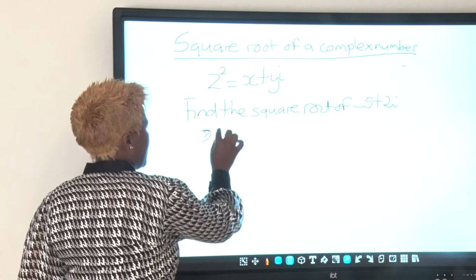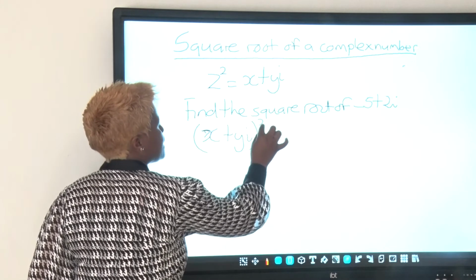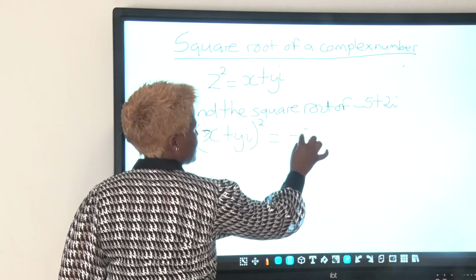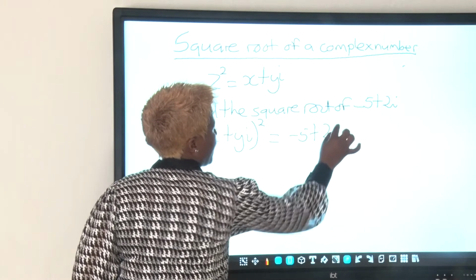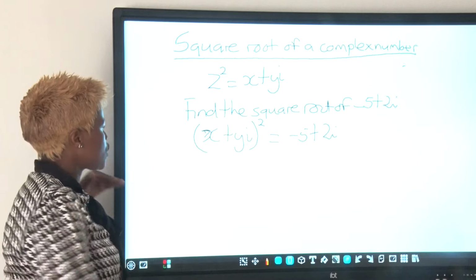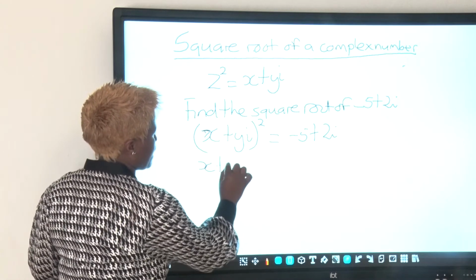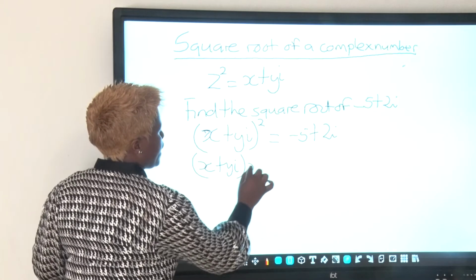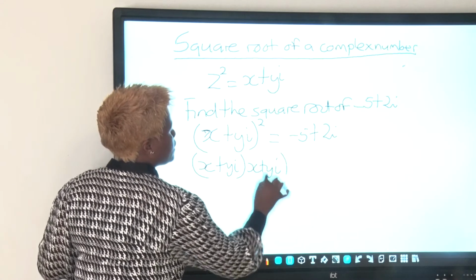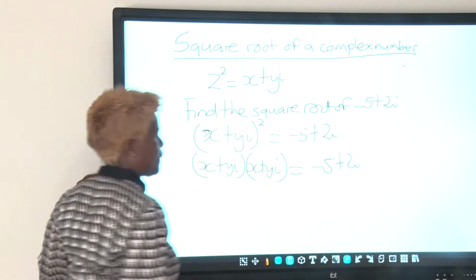So we are going to say x plus yi squared is equal to minus 5 plus 12i. We have to square this. So how do we do that? We expand the brackets. It's like we are saying x plus yi times x plus yi is equal to minus 5 plus 12i.